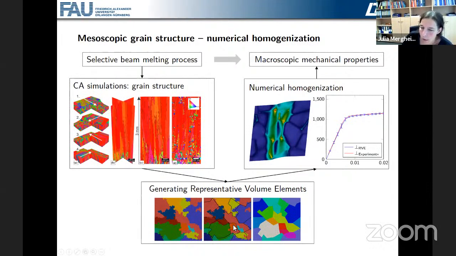And this has to be smoothed a bit to get representative volume elements, which can be used for the finite element simulation. But otherwise, we can directly take the shape and also the texture of the CA simulation towards the finite element simulation. And then we do a numerical homogenization step and can predict the macroscopic properties.